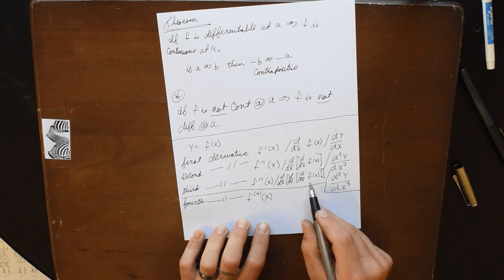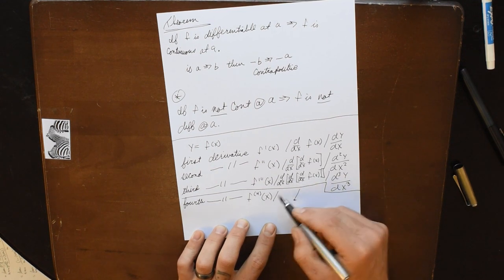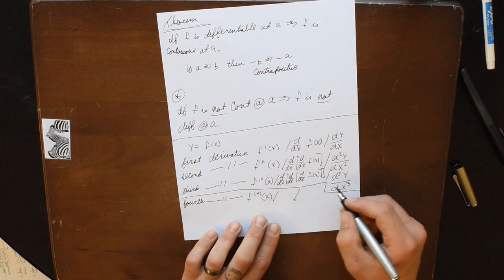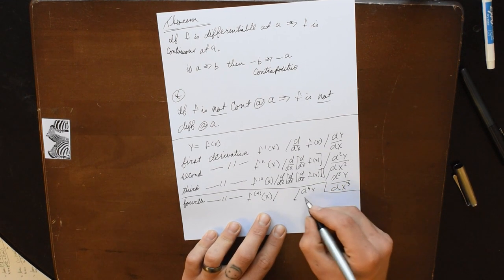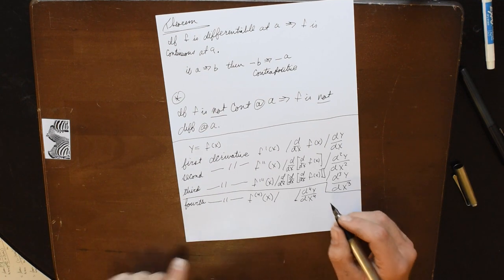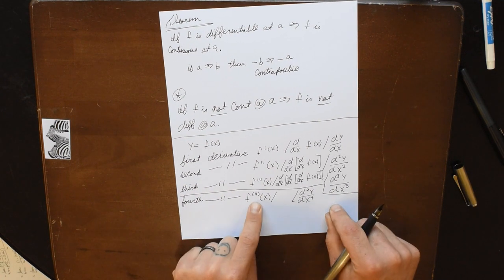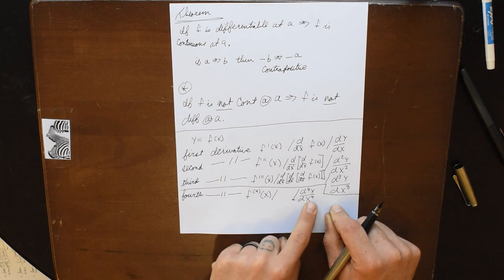This is getting long and drawn out, so I'm going to skip it. We'd put another d/dx right there. Over here, we would say the fourth derivative of y with respect to x. And if we put the 5, we'd put a 5 there and a 5 there and there. If we wanted the 6, we'd put a 6 there and a 6 there and there.